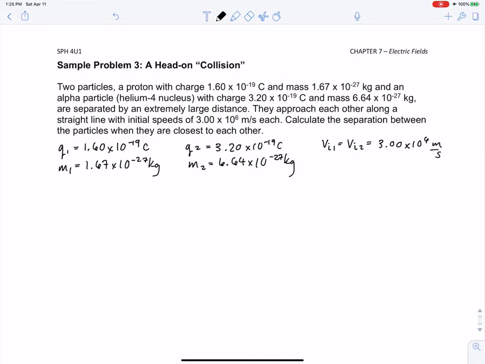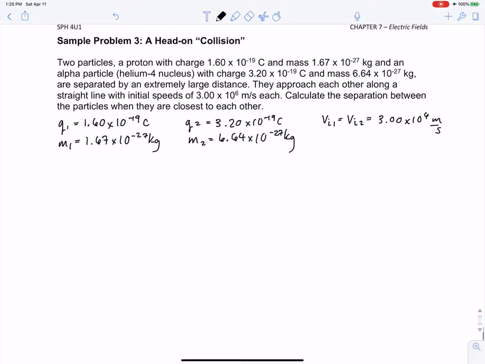Okay, we're going to use the law of conservation of energy. We know that electric potential energy initial plus kinetic energy initial should equal electric potential energy final plus kinetic energy final. Since the two charges are at an extremely large distance away initially, we know that the electric potential energy is 0.